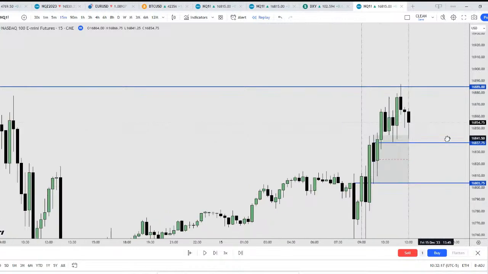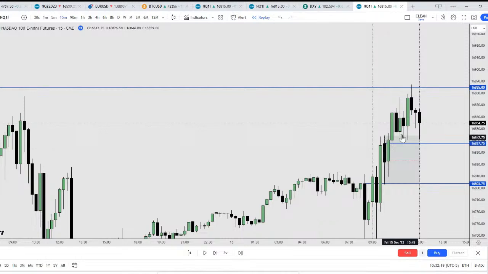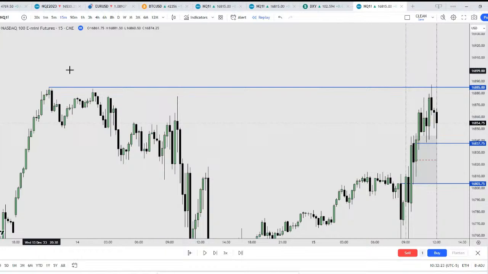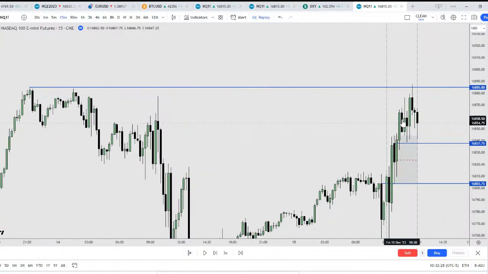So this proportion order block was used to send the price higher into a higher time frame objective up here on Wednesday's high. As long as you have a clear draw on liquidity, you can use the proportion order block as your entry. If it has a long wick like this, you can use the high.